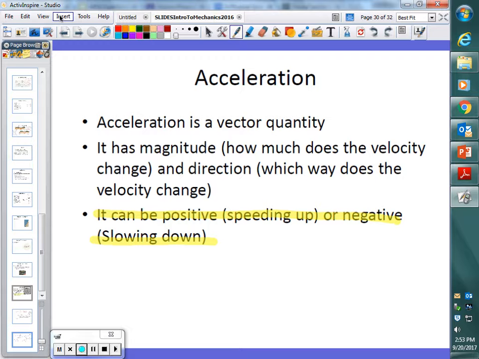So if they're different, the car slows down. If they're the same, the car speeds up. It doesn't matter if they're both positive or both negative. Sorry, when I say them, I'm talking about velocity and acceleration. If they're the same, we speed up. If they're different, we slow down. Again, that won't be a question on your quiz tonight, but it's something we can think about as we move along here. Okay? Yes, Jason?